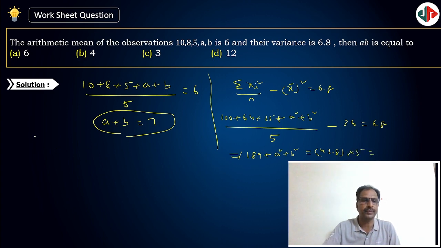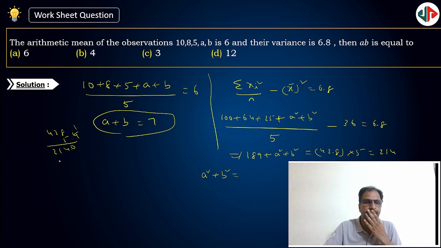What is 42.8 into 5? From this, a square plus b square is equal to 214 minus 189, which is 25.